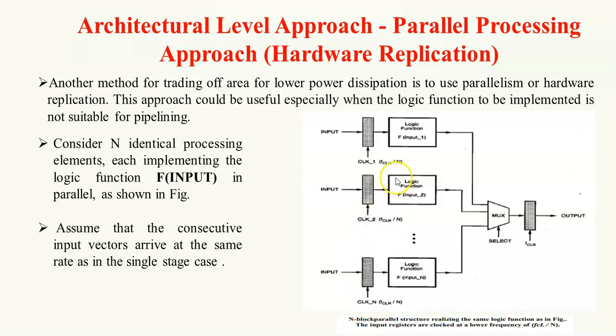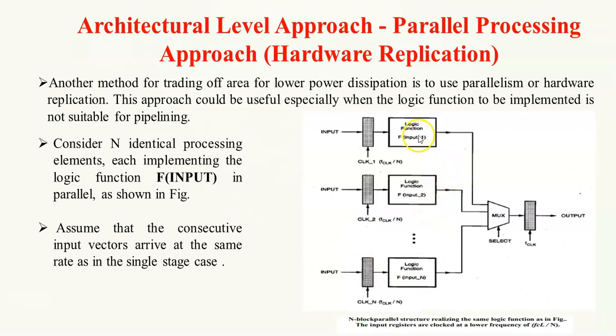In pipelining, the f clock is given to the corresponding register of the structure, but here the clock frequency is divided by the n number of logic blocks. So the clock is denoted as f clock divided by n. So this is operated with low frequency.